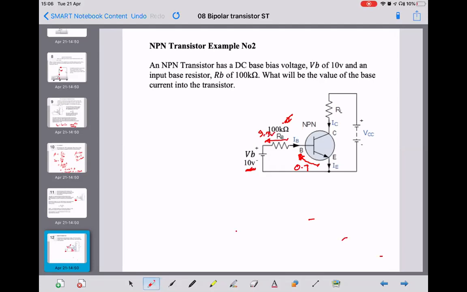So IB, as it says on the previous page, is the applied voltage at the terminals VB, take away VBE, which is the 0.7 for a silicon transistor, divided by RB. So we've got 10 volts minus 0.7 divided by 100 times 10 to the 3.